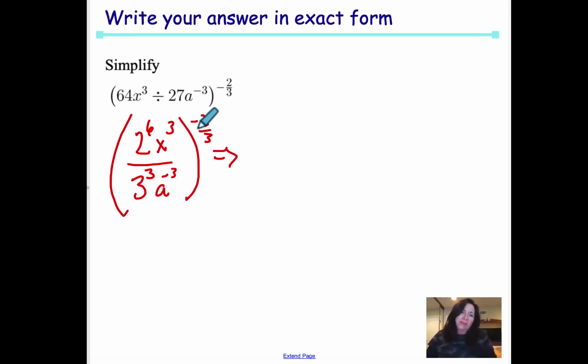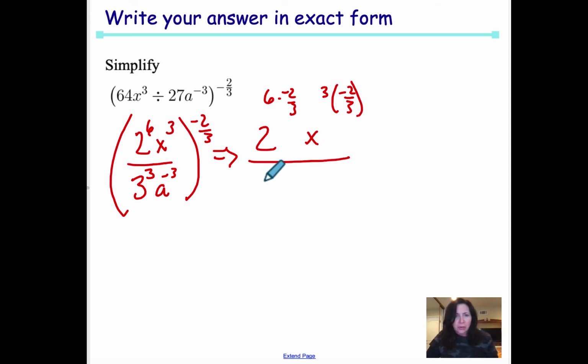So now we just have to distribute the negative 2/3. So that'll be 2 to the 6th power times negative 2/3, and then you have x to the 3rd power to the negative 2/3, all over 3 to the 3rd power to the negative 2/3, and then that's up top, and then you have a to the negative 3rd power to the negative 2/3.